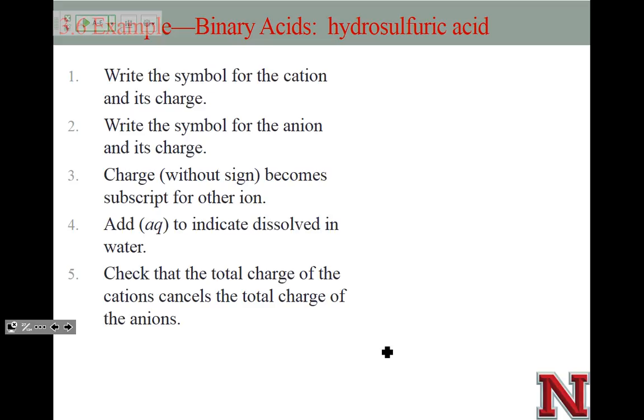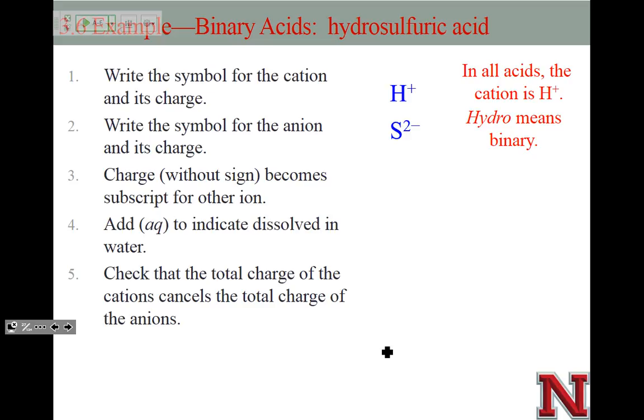So as far as our cation, it's hydrogen, because it's an acid. As far as our hydro, that means it's binary, so our anion is S2-. And again, the 2- comes from the periodic table because it's sulfur, based on where it is. So now to balance that, we're going to balance it just like we would any ionic compound.